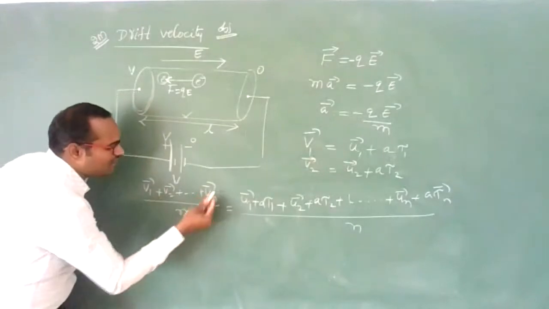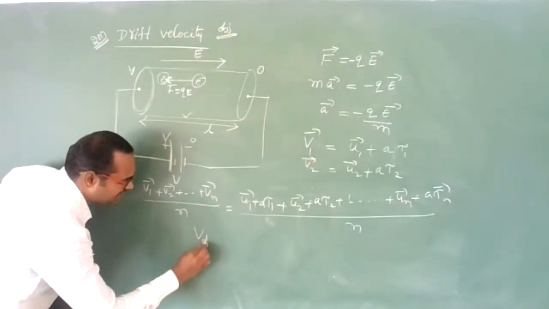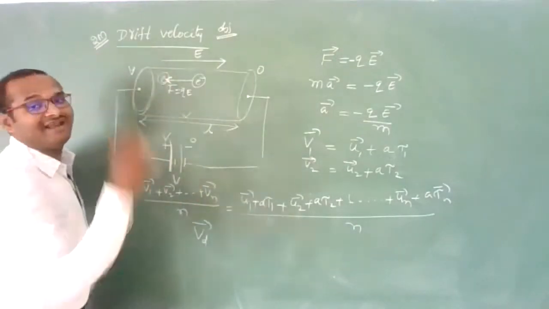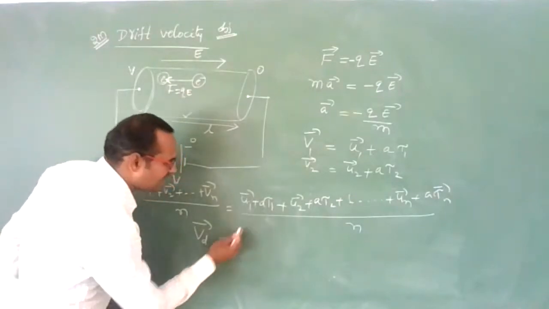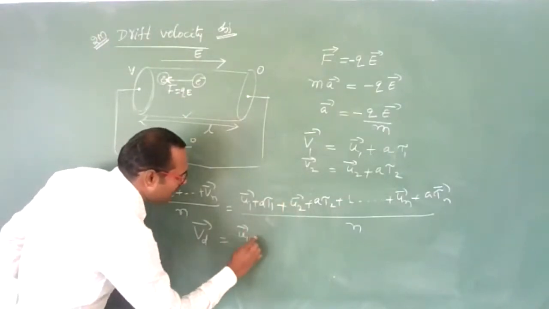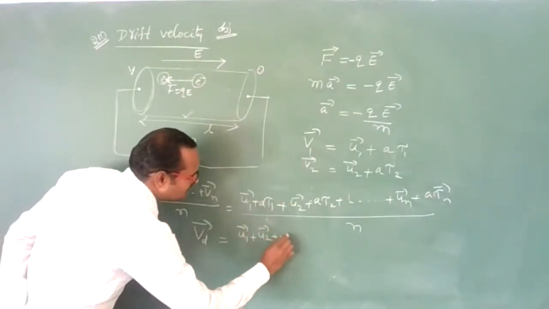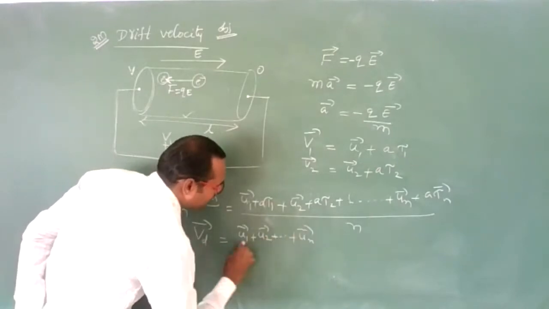The average of all these velocities we call the drift velocity, Vd. This can be written as (u1 + u2 + and so on + un) divided by n.